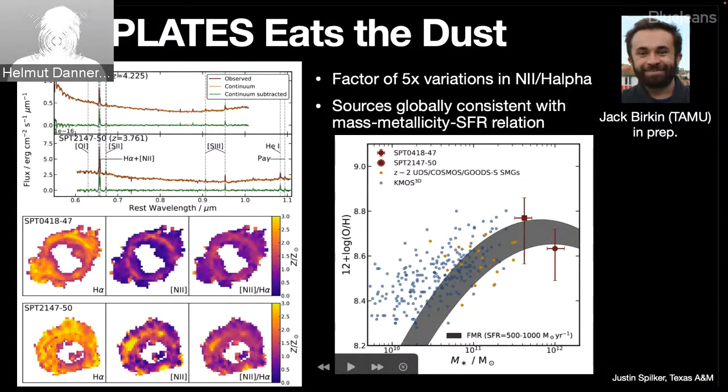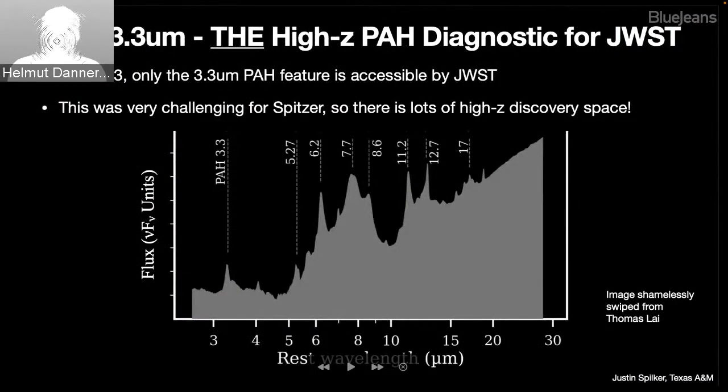So I promised to talk about small dust grains, and so I shamelessly swiped this plot from Thomas Lai to illustrate the spectrum of PAH features that we're looking at. For the very highest redshifts, by the time you get to about redshift 3 and 4, the only diagnostic that will be available to us in terms of PAH features is this line sitting down here at 3.3 microns.